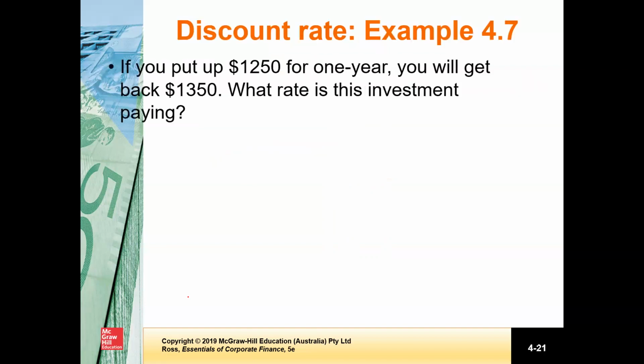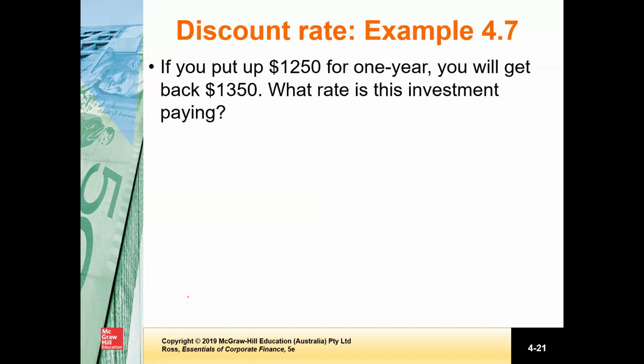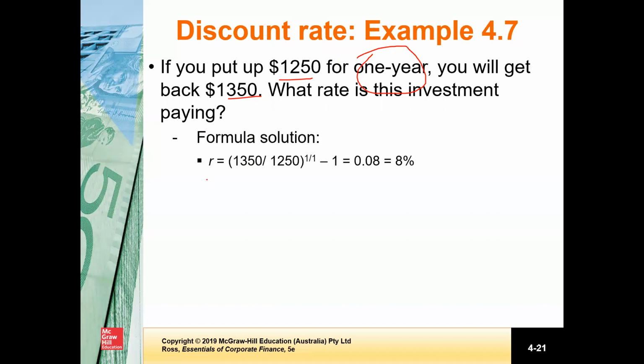So look at this example. If you put up 1,250 for 1 year, you will get back 1,350. What is the rate in this investment? So you can see we are given the present value, we are given the future value, and the time period is 1 year. We need to know what is the rate the investment is paying. So straight away, we use the formula that we have seen in the last slide.